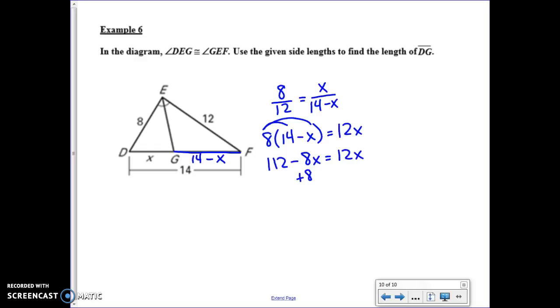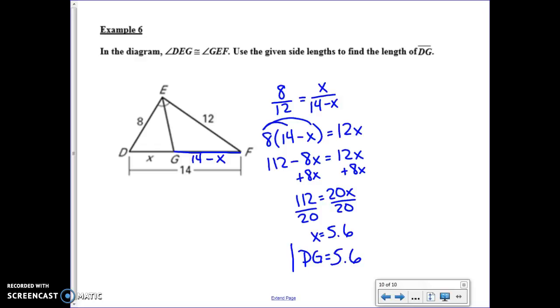So I'm going to add 8X to both sides, and I get 112 equals 20X. And I'm going to divide both sides by 20. So I get that X is 5.6. But we don't need what X is, we need DG, which does happen to be X. So DG equals 5.6. We didn't have to do any more solving there to get to that answer.